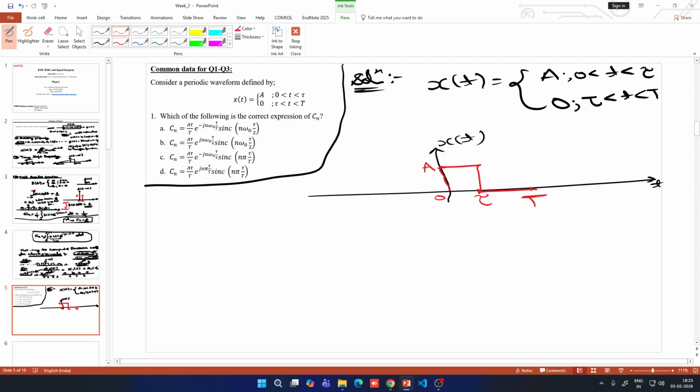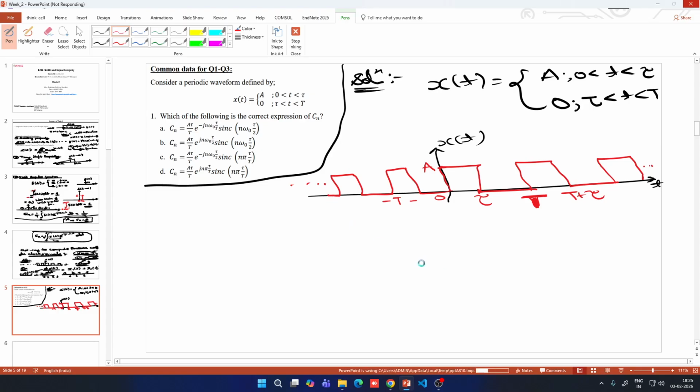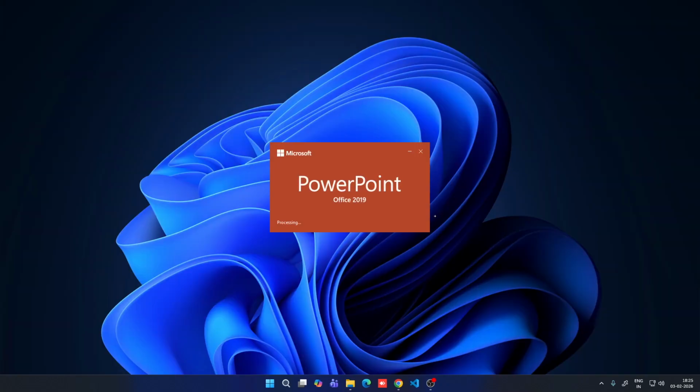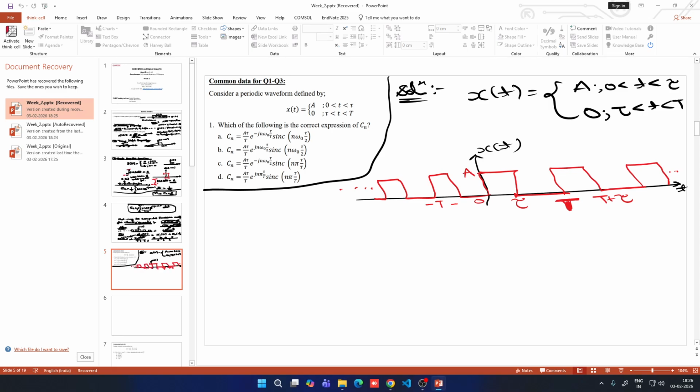Then it repeats after T. So this capital T is the time period. That means it's a periodic signal which repeats after every T. So here this is T plus tau, and so on. Same on this side also. So here this is minus T, and this is minus T. Sorry about that, there was some delay in that.